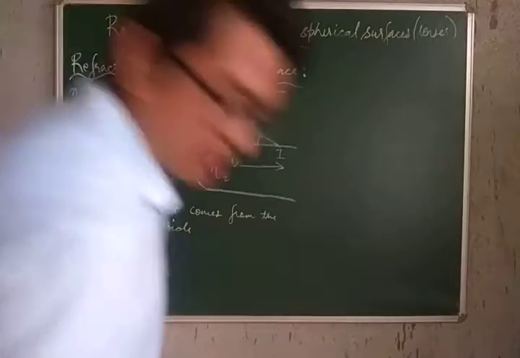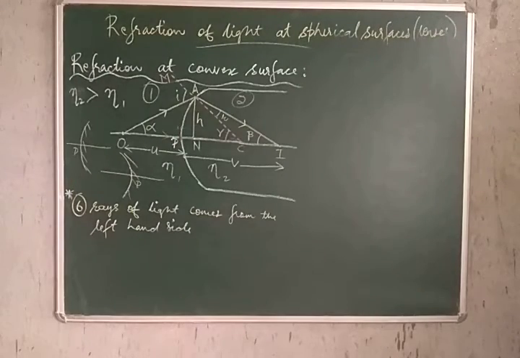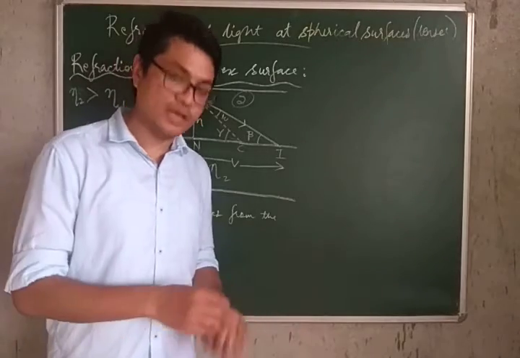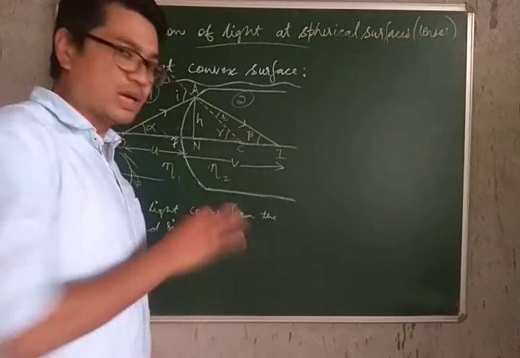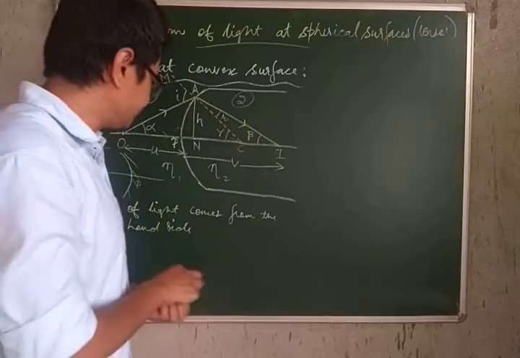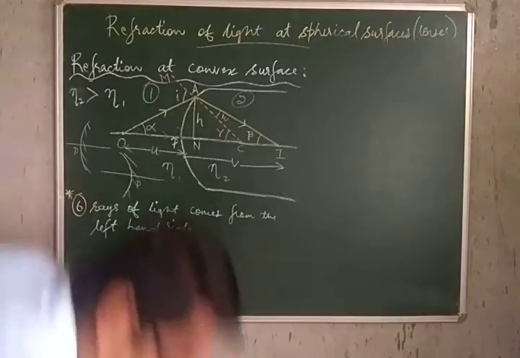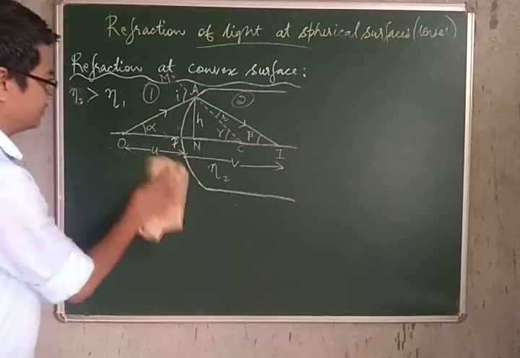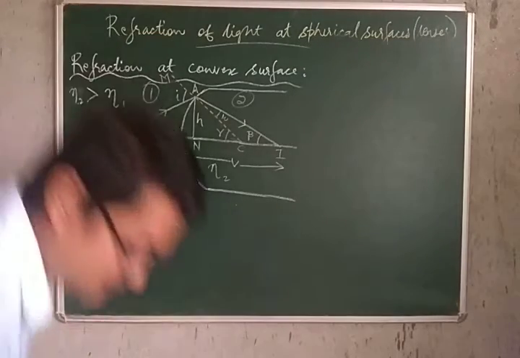Let me just check how long it's been. It's been 10 minutes, so I believe I can complete the derivation in under 10 minutes. I will try to complete it fast. Let me erase the unwanted parts.